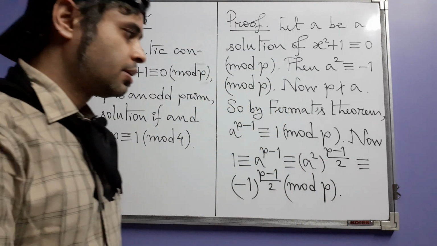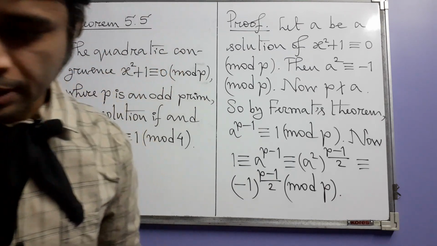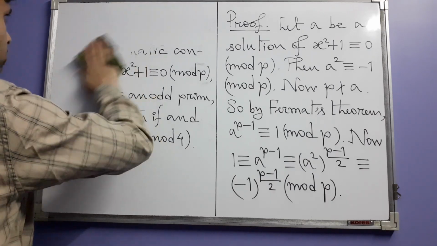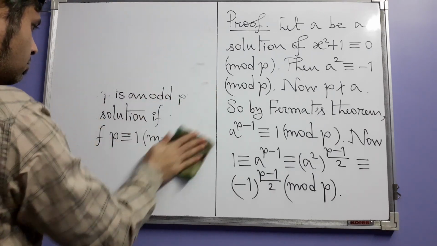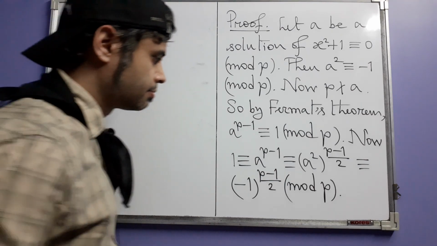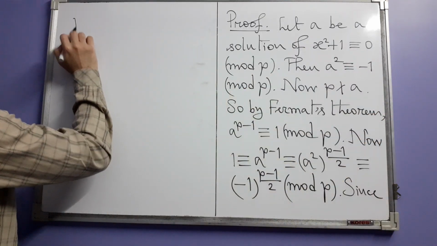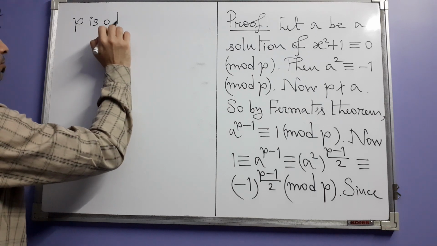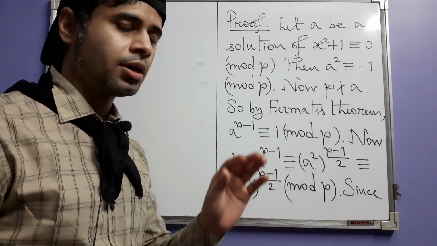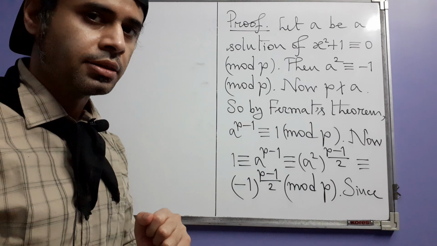Okay. Now we know that this p minus 1 divided by 2 will be an integer. However, what type of integer? Since p is odd, so obviously p will not be of the form 4k or 4k plus 2, because these are even integers.